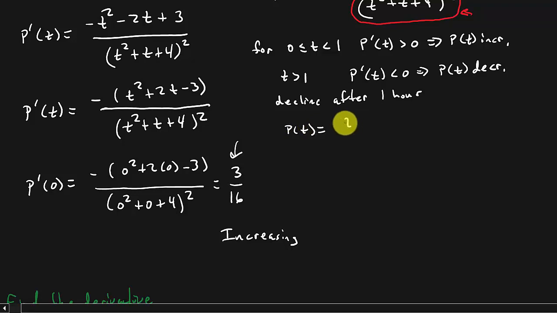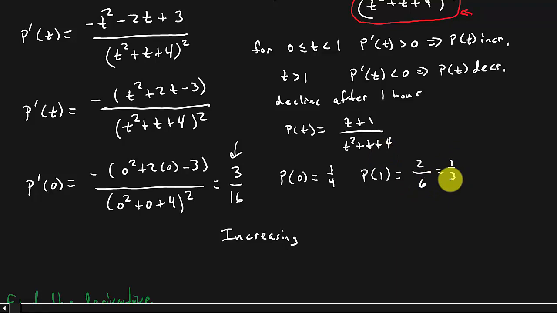That's t plus 1 over t squared plus t plus 4. So P of 0, if I plug 0 into here, that's going to give me 1/4. And then P of 1, if I plug 1 into here, that's 1 plus 1 is 2, and then 1 plus 1 is 2 plus 4 is 6, which is 1/3. Okay.